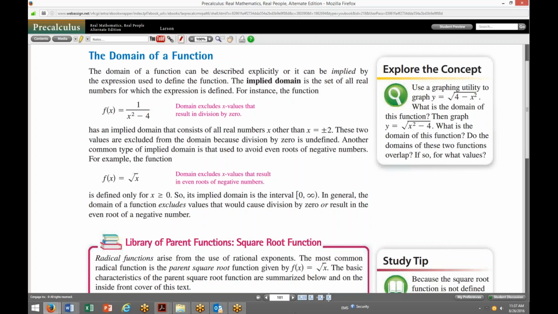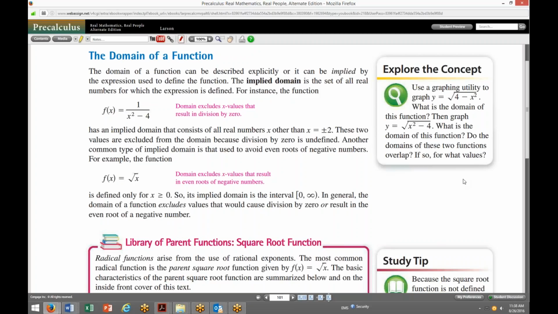With x squared minus 4 as the denominator, you can literally find the values of x that make the denominator be 0 by taking whatever the denominator expression is and forcing it to be equal to 0.